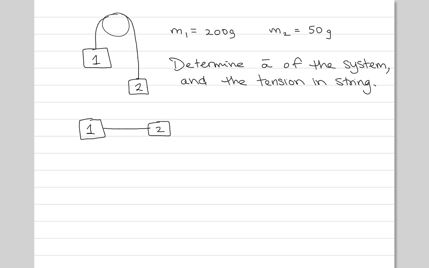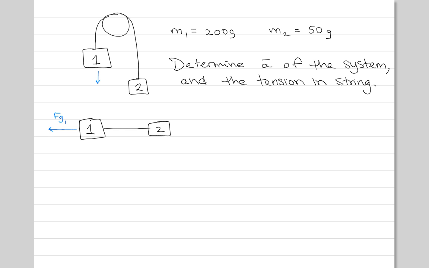and now we can draw the free body diagram. So let's just think about which way 1 is going to fall. Obviously it's going to go like this, right? So we can say that 1 is going to pull this way, and we can call that FG1. And what's going to slow that down?